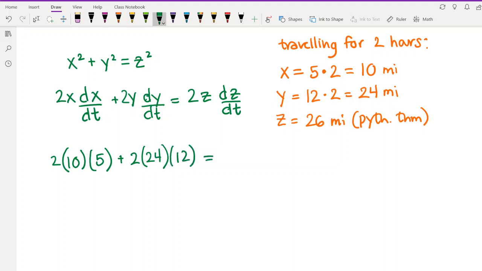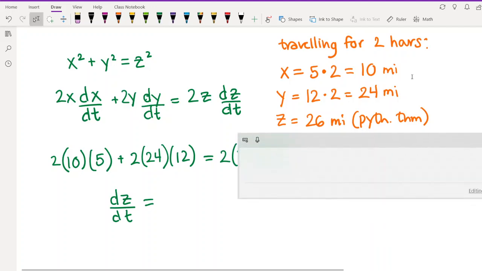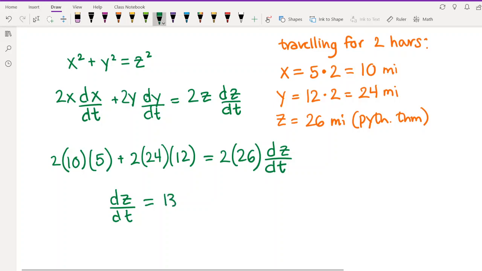And then we get 2 times 26, and then dz/dt is what we're looking for. And if you go through all this arithmetic, which I don't think is really worth your time to watch me do, you end up with the rate of change equal to 13. And the units are miles per hour, as we saw in some of the earlier units used in this question.